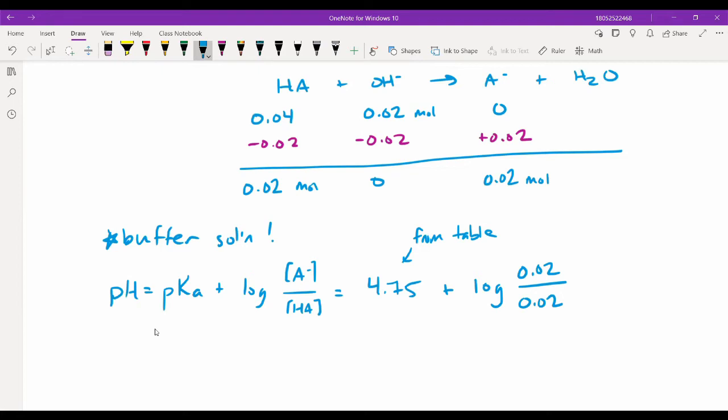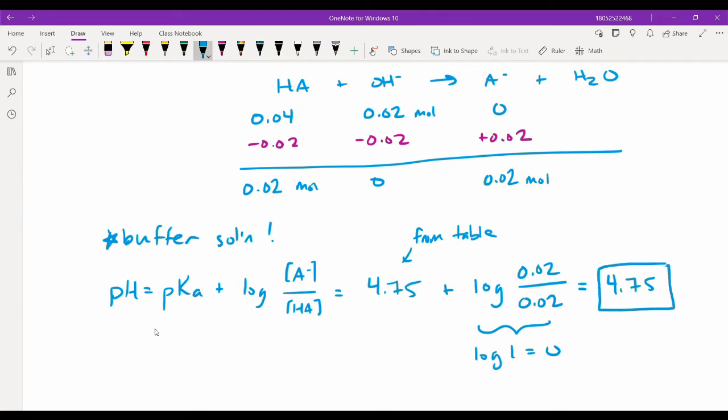So if you remember that from the buffer video, mole ratio works fine in terms of the A- over HA. You don't want to convert to molarity. And this becomes 0 because the log of 1 is 0. So the pH is just the pKa, I should say.